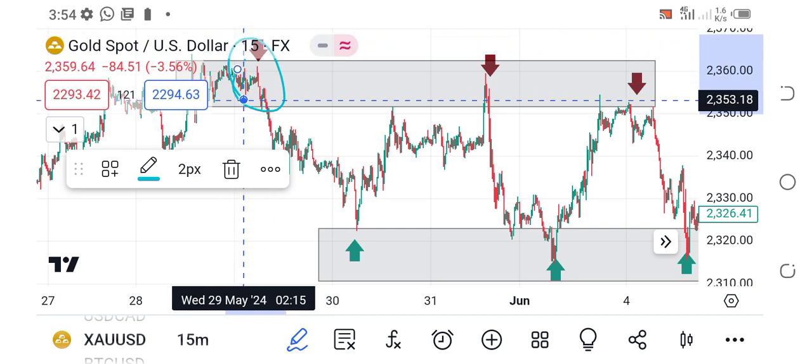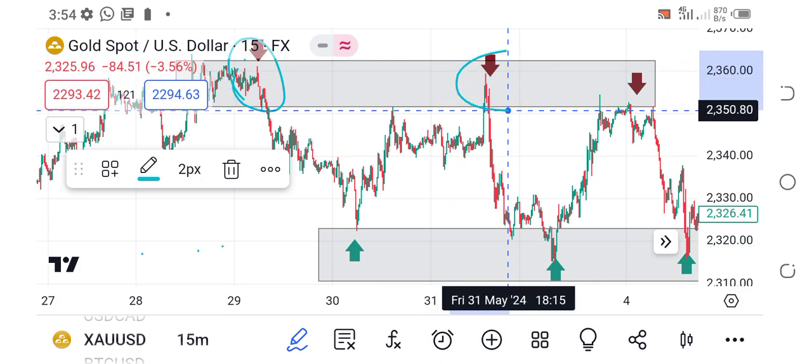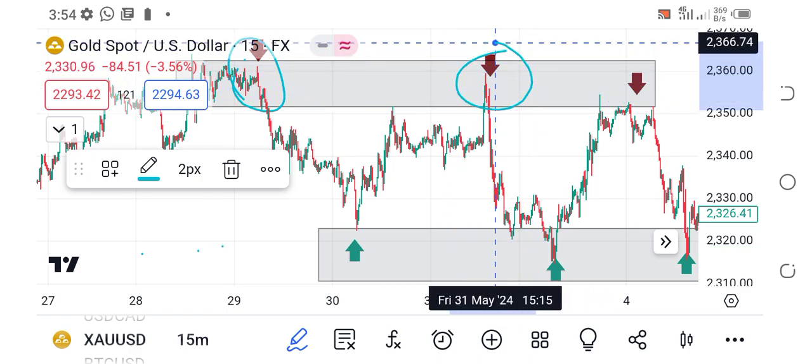When price got to this resistance level the first time, the place I circled in blue, which the first red arrow is pointing at, the price reversed from there. When it got to the resistance level the second time, what happened? The price went down also.